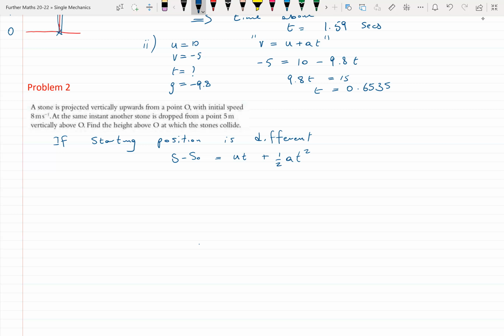Looking at the problem, we've got something being projected upwards with 8 meters per second. Let's call that particle A. And we've got something being dropped from 5 meters above.